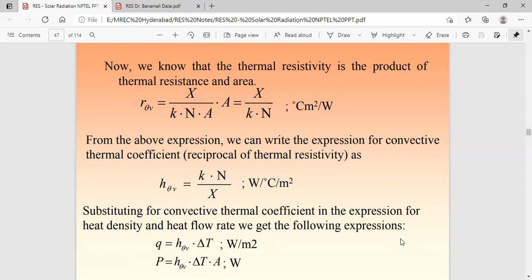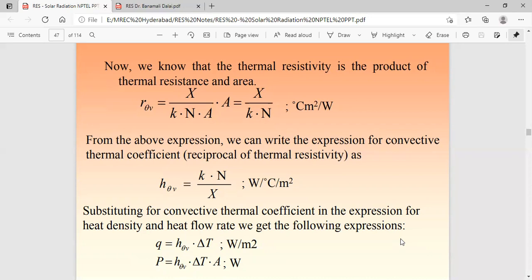From the above expression, we can write the expression for the convective thermal coefficient. It is the reciprocal of thermal resistivity, as given below. That is h theta V equal to K N divided by X in watts per degree centigrade per meter square.